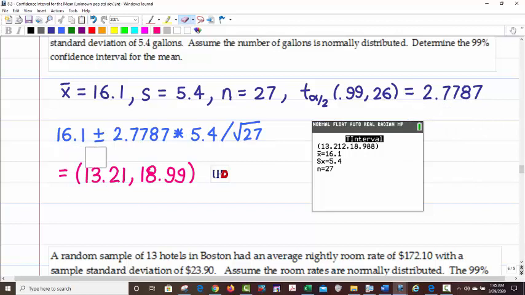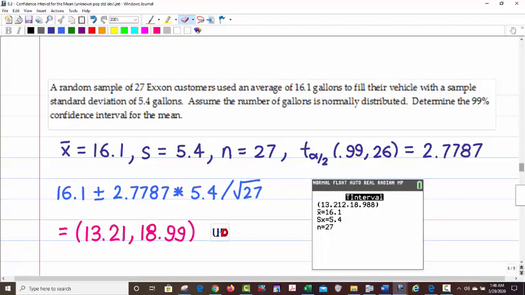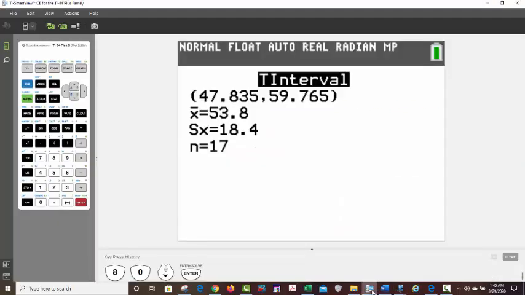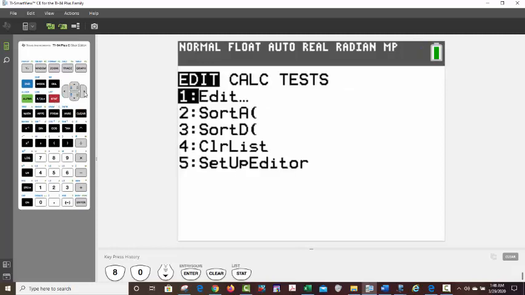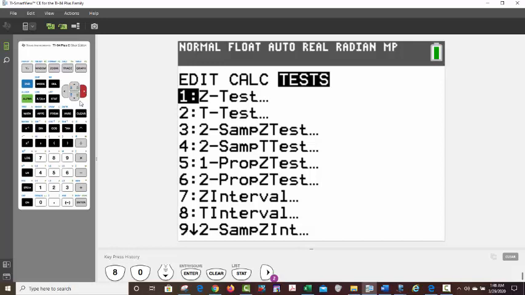So we go 16.1 plus and minus 2.7787 times 5.4 divided by the square root of 27, which gives us the interval of 13.21 to 18.99. I'll put this one in the calculator. T interval, not T test.